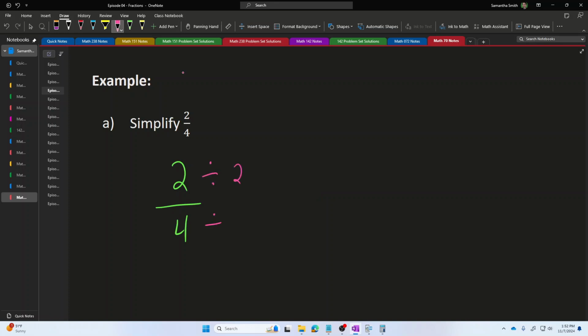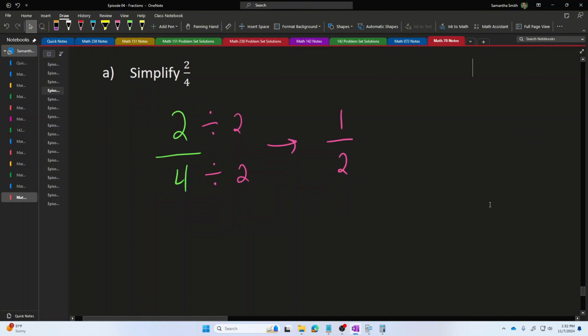So let me divide both 2 and 4 by 2, and that gives me a new fraction. It's the same amount that I had before, but it looks different. Instead of cutting my pizza into 4 slices and taking 2 of the slices, I'm going to cut my pizza in half and take one of the halves. In the end, I get the same amount of pizza. It's just this one was a little bit simpler and required less cutting.